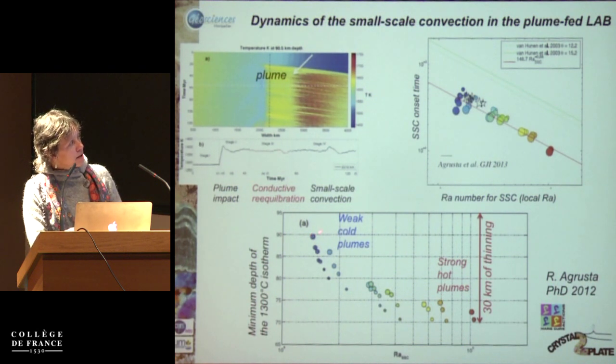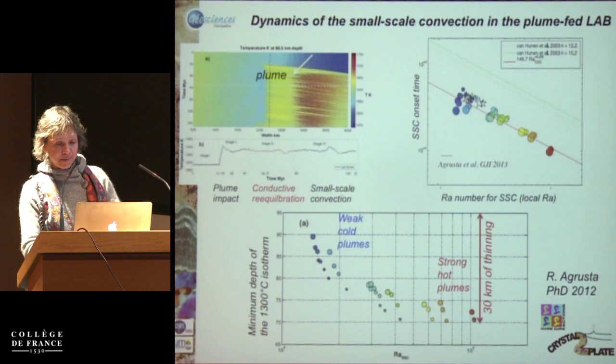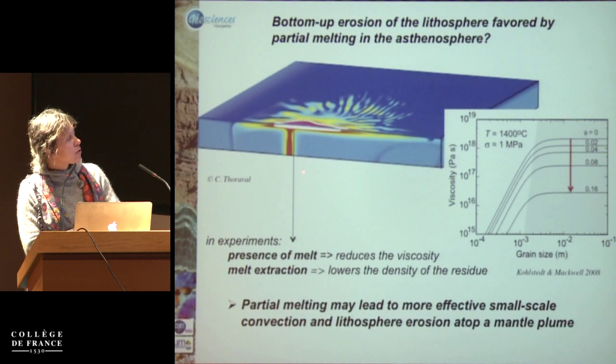You can see that the upwelling is very weak for cold plumes, the blue ones here. As you get hotter and more buoyant plumes, you can get up to 30 kilometers of thinning because of the small-scale convection in the plume wake. In 3D, you have the same kind of results, a maximum of 30 kilometers of uplift for very strong plumes.